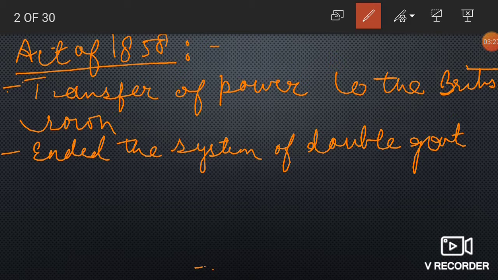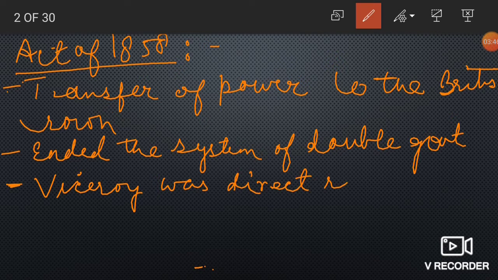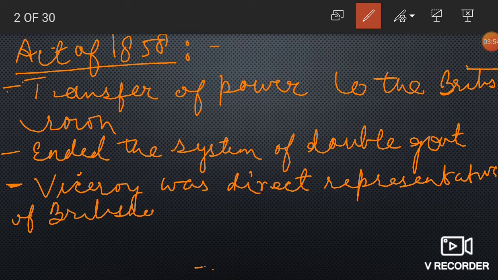So they created a new post, the Viceroy, who was the direct representative of the Britishers. Now the Governor General has no role. The Governor General became obsolete, there is no such position after 1857.